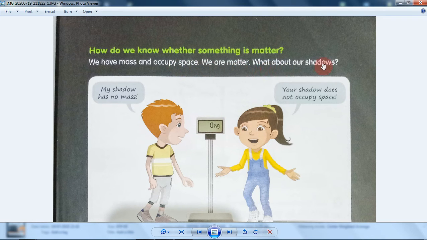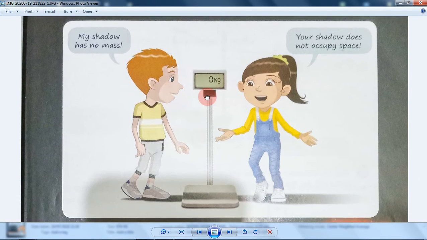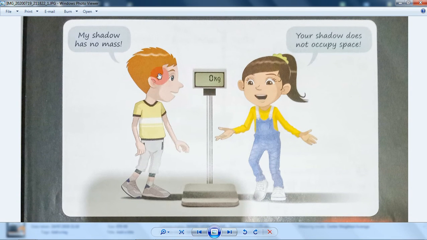How about our shadow? You just have to measure it. Your shadow, you know shadow, right? Shadow has no mass, no, 0 kilogram. Your shadow does not occupy space.